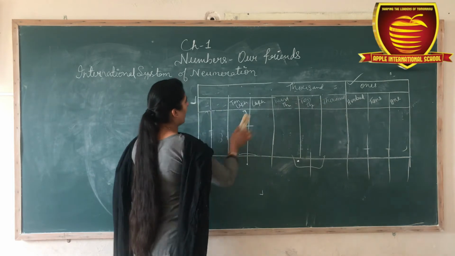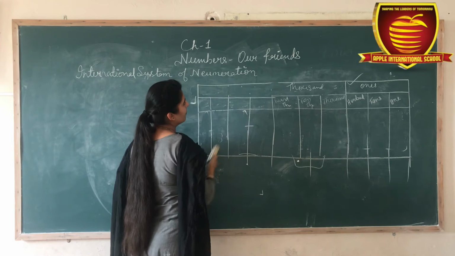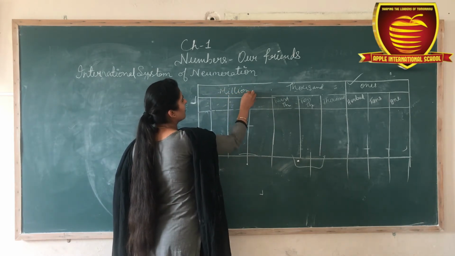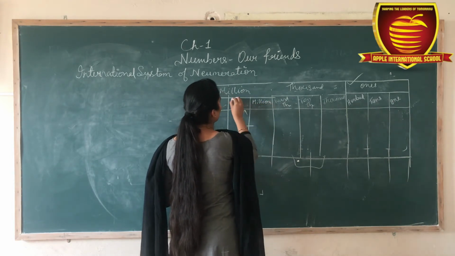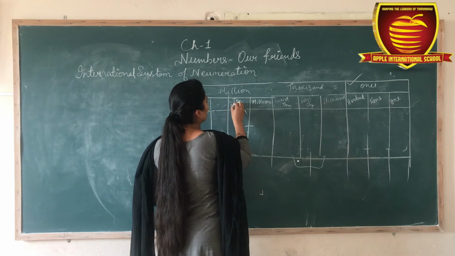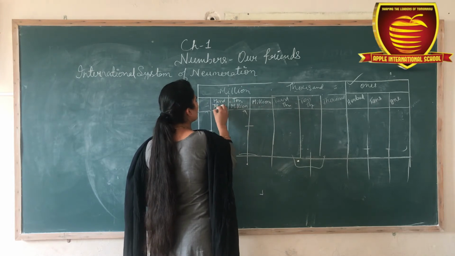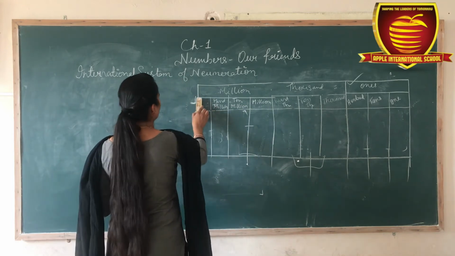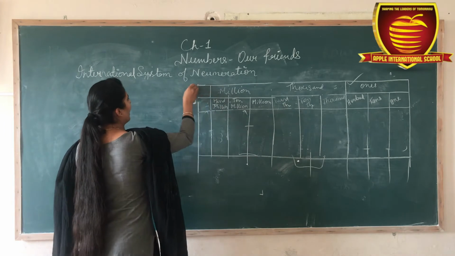After that, million: here we can write a million, 10 million, 100 million. After million, billion.